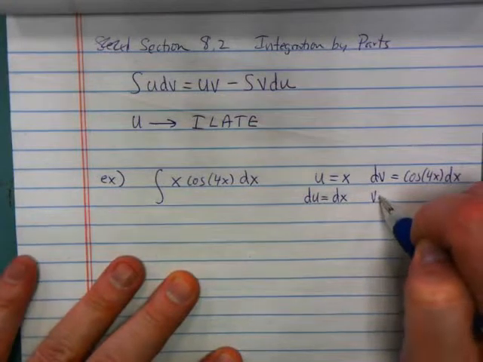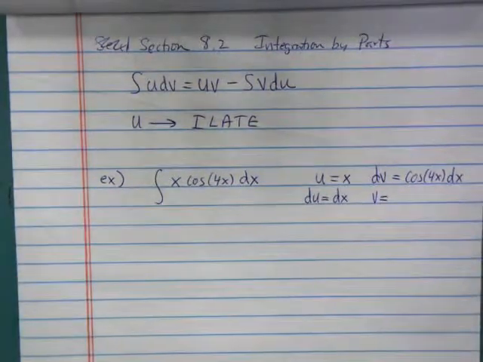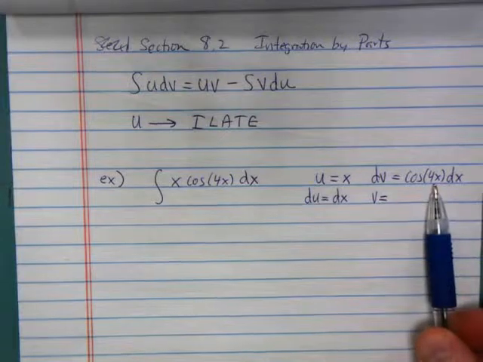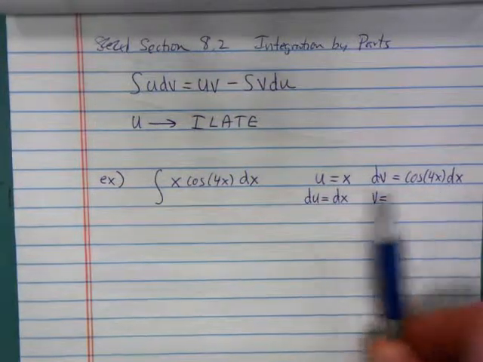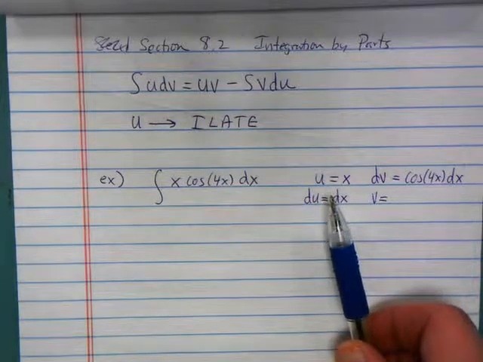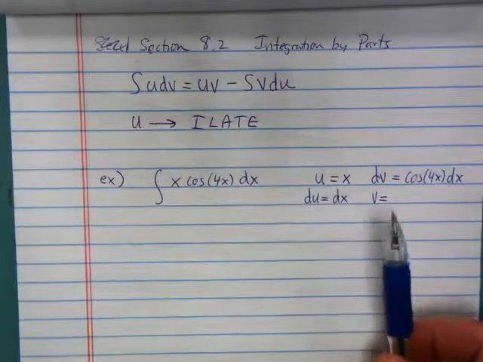V, on the other hand, we integrate. What's the integral of cosine of 4x? That would be the 1/4, right? So to integrate this one, this is really a u substitution problem. Except I don't want to use u because I already used u. So we would use another letter.